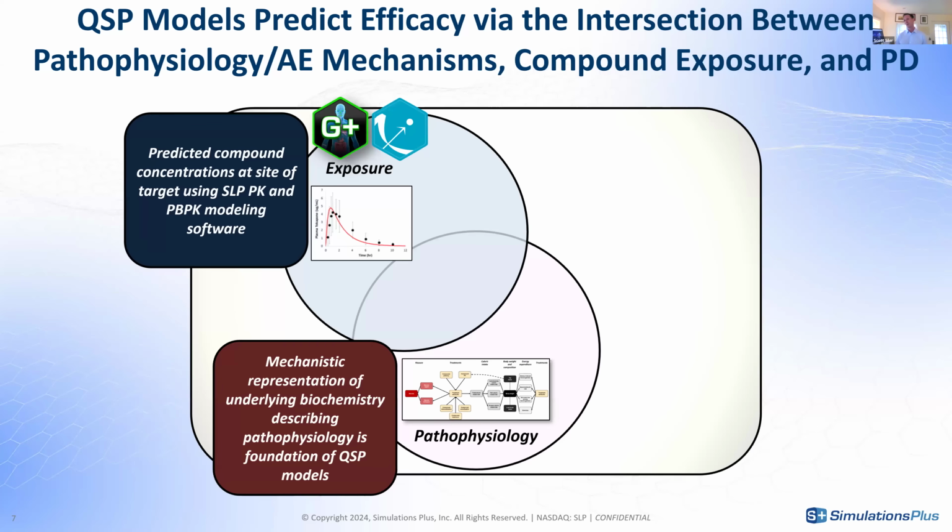So the first step, of course, is the exposure of the drug, the pharmacokinetics. And as you all know, within Simulations Plus, we have some fantastic tools, some fantastic scientists capable of supporting exactly that endeavor. So we develop these PK models and bring them into the mechanistic model one way or another in order to provide the exposure of the compound at the site of the target.